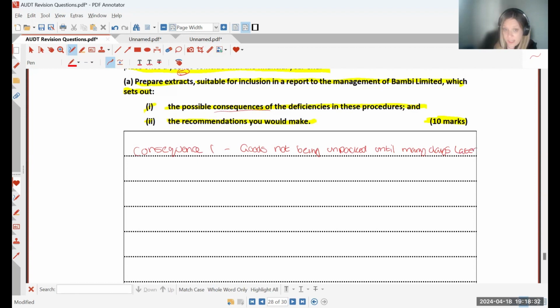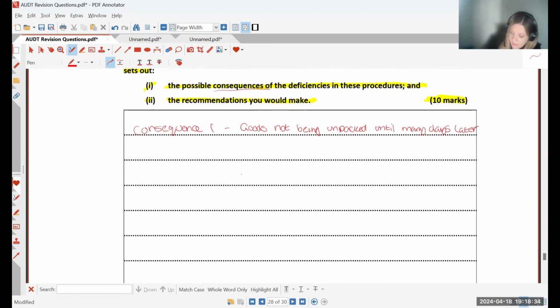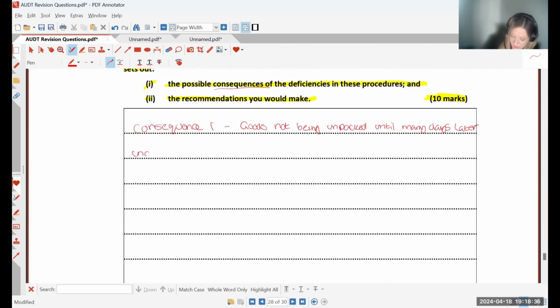What's the consequence of this? Well, this increases the risk that faulty goods cannot be returned for a refund.